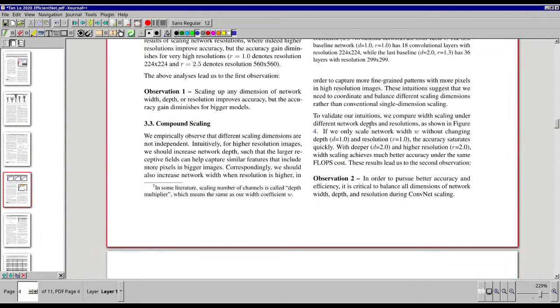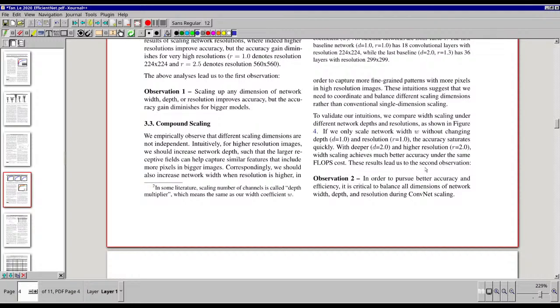To validate our intuitions, we compare width scaling under different network depths and resolutions, as shown in Figure 4. If we only scale network width w without changing depth d equals 1.0 and resolution r equals 1.0, the accuracy saturates quickly. With deeper d equals 2.0 and higher resolution r equals 2.0, width scaling achieves better accuracy under the same FLOPS cost.